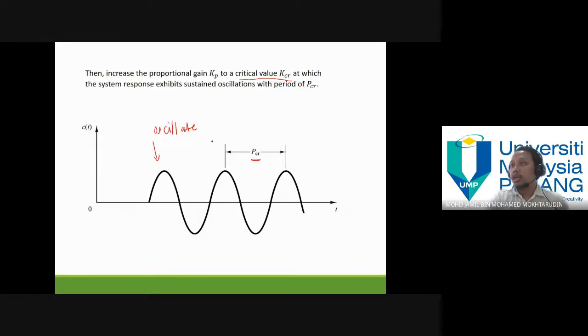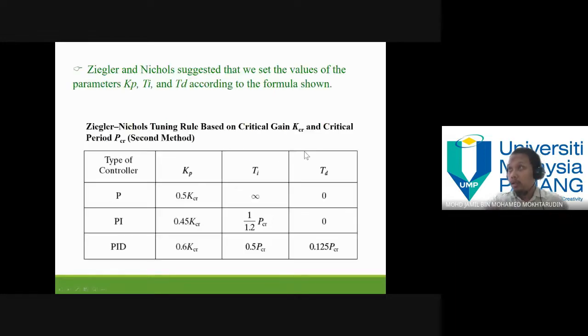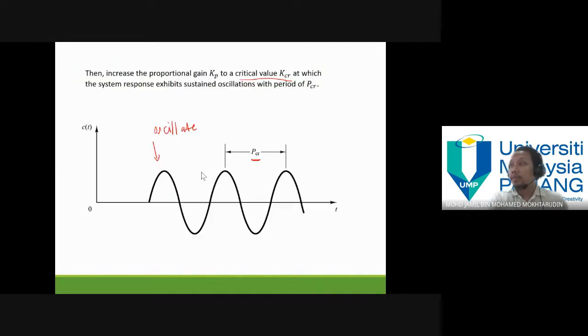If you look at this oscillation, it's similar to a marginally stable system. So basically what happens is that you increase Kp until the system becomes marginally stable. After that, you determine the value of Kp at which the system is marginally stable, and also determine the period of oscillation PCR.